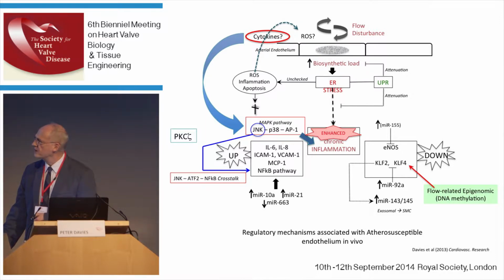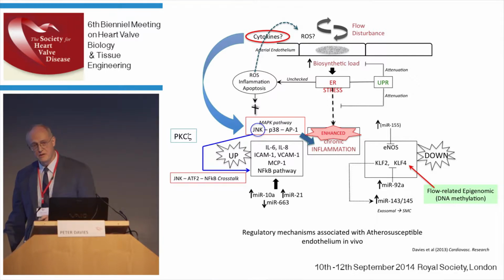And indeed, it's very clear that small non-coding RNAs, microRNAs, play an important role in regulating key molecules, the expression of which are up and down regulated in disturbed flow. And eNOS, KLF2, KLF4 are very dominant examples which protect, and if they're down, you lose that protection. And IL-6 and ICAM, VCAM, MCP1, and NF-kappa B pathway, all are pro-inflammatory, and they're influenced by some of these regulations.